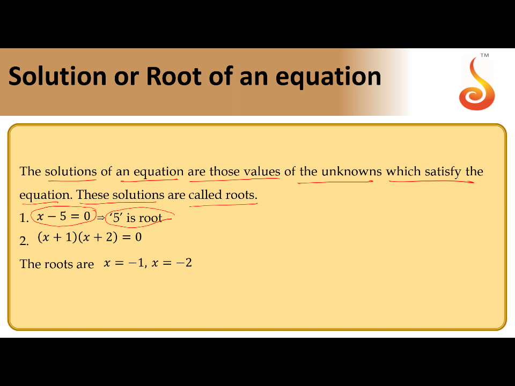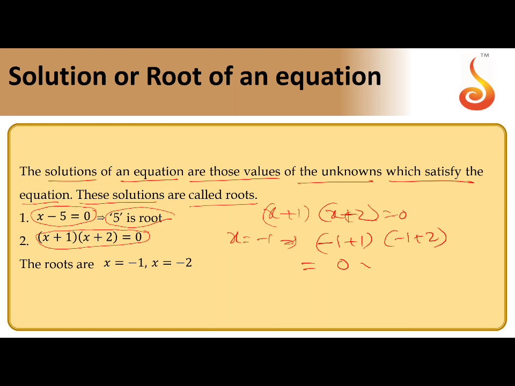If you take a second example, (x plus 1) into (x plus 2) equal to 0. When you take x equal to minus 1, on the left side, (minus 1 plus 1) into (minus 1 plus 2). So minus 1 plus 1 is 0, into 1, that gives 0. When you take x equal to minus 2, on the left side, (minus 2 plus 1) into (minus 2 plus 2).